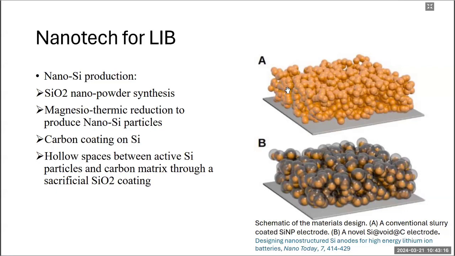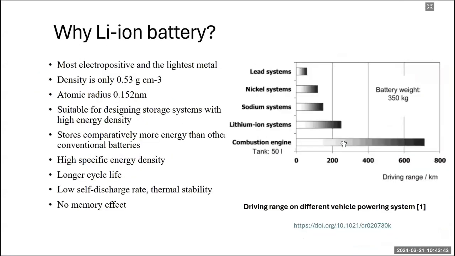And then again, people are trying to do carbon coating on the surface of silicon and making it a silicon carbon nano composite nano anode. So when silicon is already nano size, its expansion is reduced. Then you have a carbon layer. So now the lithium does not come in direct contact with the silicon, and the capacity increases very high.